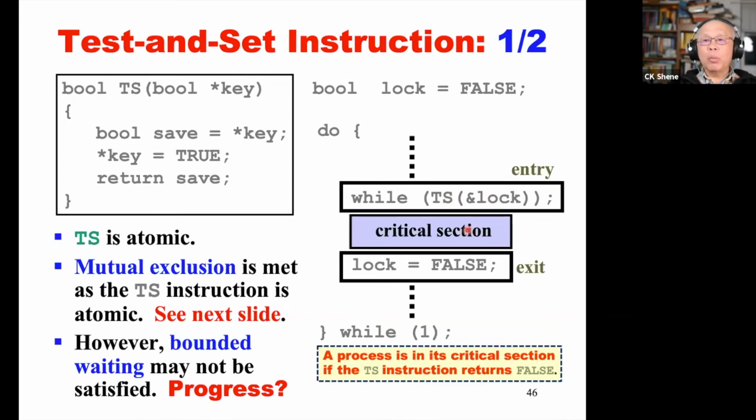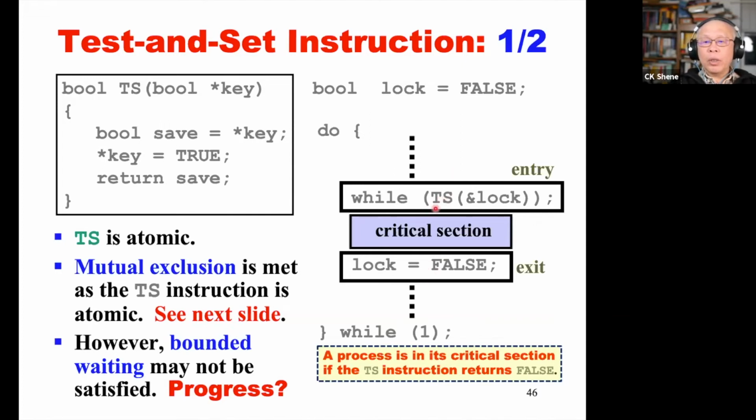No matter how many processes are executing the TS instruction at the same time, only one would succeed because the hardware would execute this atomic instruction one at a time. So mutual exclusion appears to be true. Progress holds, but bounded waiting is a problem.